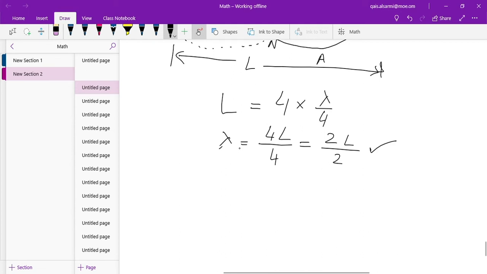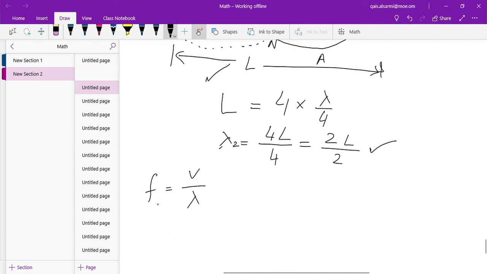Since this is the second mode of vibration, it's better to write 2 here, because that's the second mode. Now the frequency of this standing wave is again V over lambda.